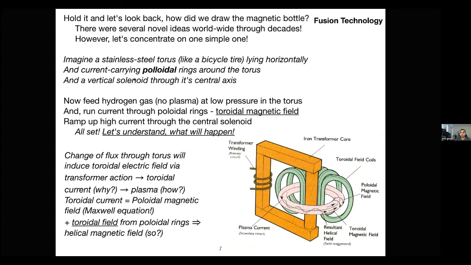Now we have fed neutral hydrogen gas. There was no plasma. However, the gas had some stray electrons. You know the numbers by the Saha ionization equation. So it has some numbers, and those free electrons will generate a toroidal current through this.